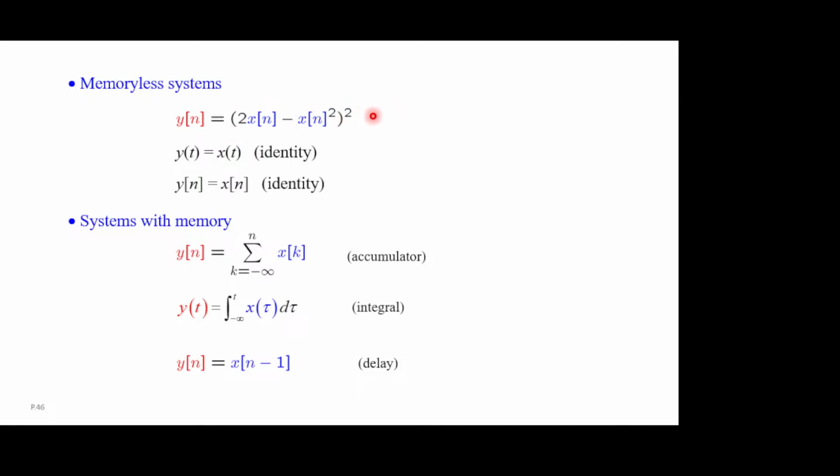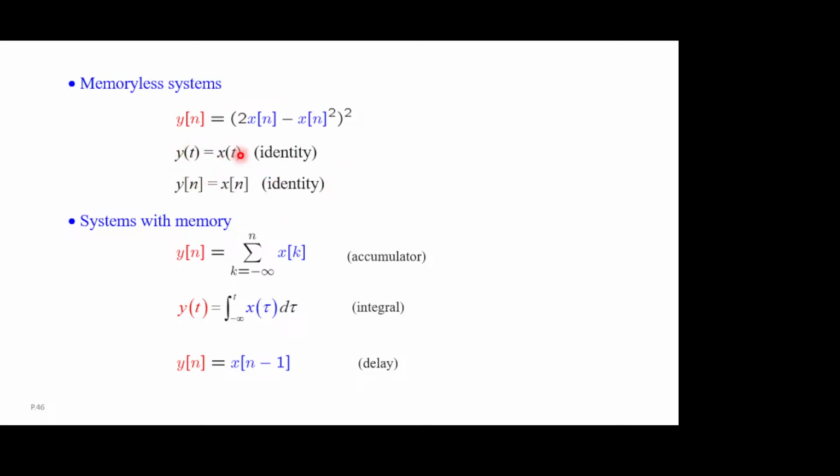And this is still memoryless because you see y of n only depends on x of n. So if you know x of n, then y of n is totally determined for every n. Okay. So that's memoryless.